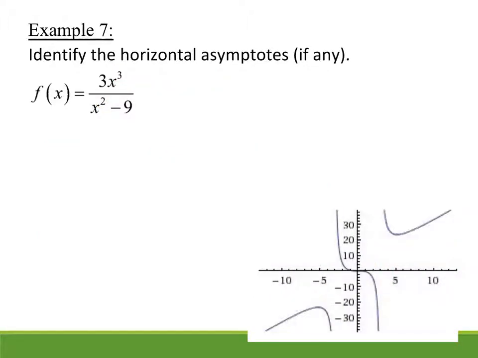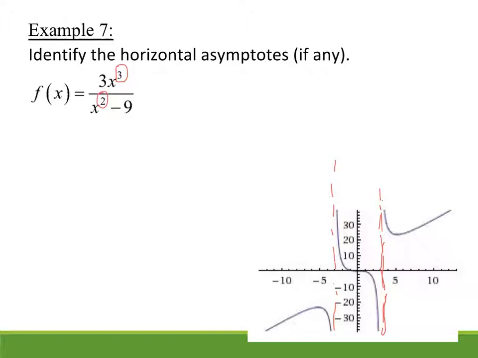In example 7, again, we know that we have the vertical asymptotes at 3 and minus 3, so we'll put those in. But for the horizontal one, we notice that we have an x cubed divided by an x squared.